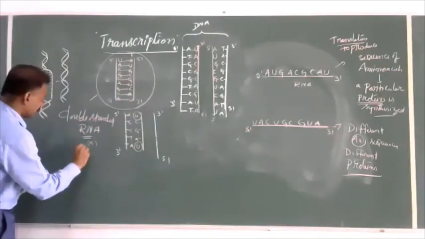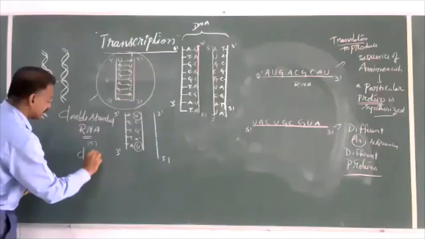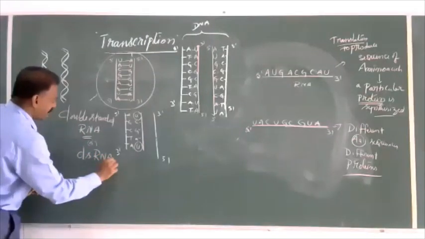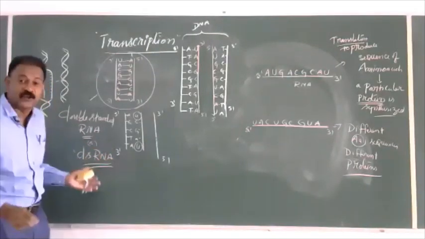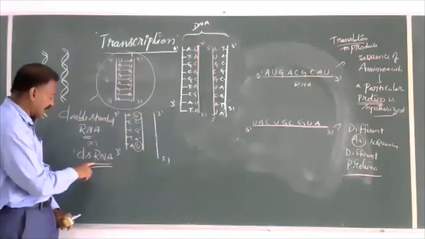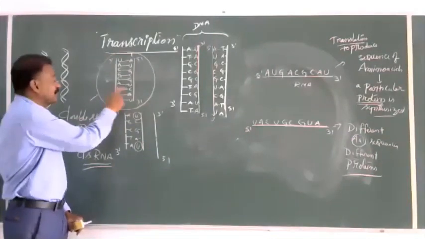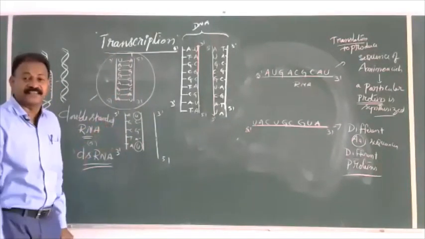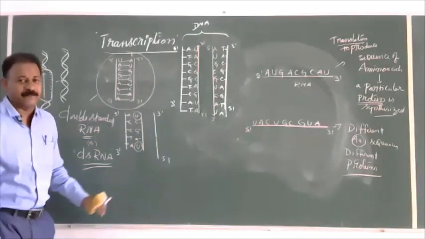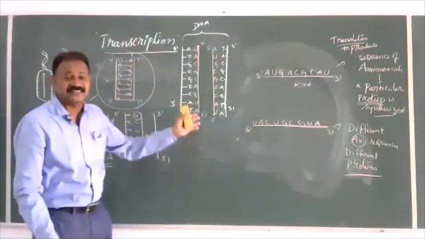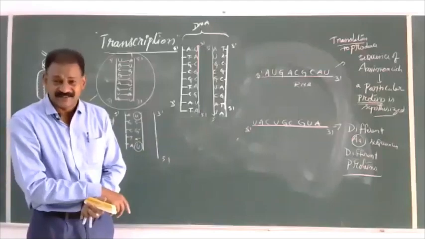Simply, DS RNA is formed. A different new molecule, double stranded RNA, is formed because both the RNAs are complementary to each other. Here what happens? The process of transcription itself becomes waste.